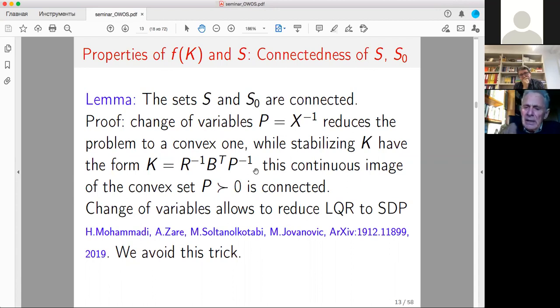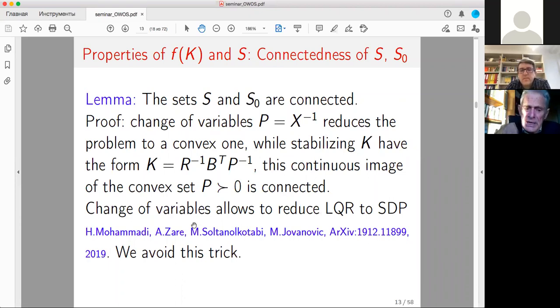And how it can be easily proved: if we make some change of variables, the initial problem can be reduced to a convex problem, and then we conclude the continuous image of a convex set is connected, and so it is okay.